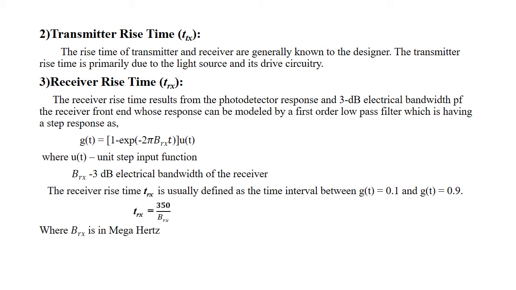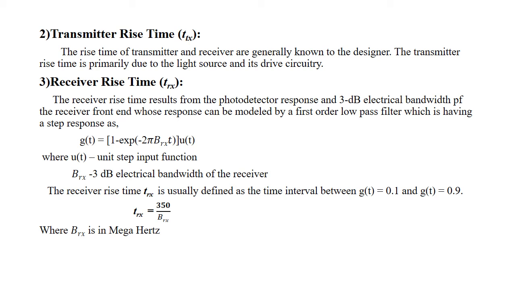Next one is receiver rise time. The receiver rise time results from the photodetector response and the 3 decibel electrical bandwidth of the receiver front end, whose response can be modeled by a first order low pass filter, which has a step response G of t equal to 1 minus exponential of minus 2 pi BRX t into U of t. Here U of t is the unit step input function and BRX is the 3 decibel electrical bandwidth of the receiver.